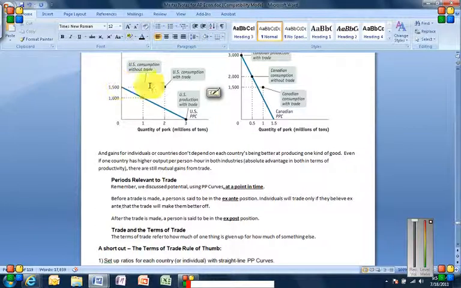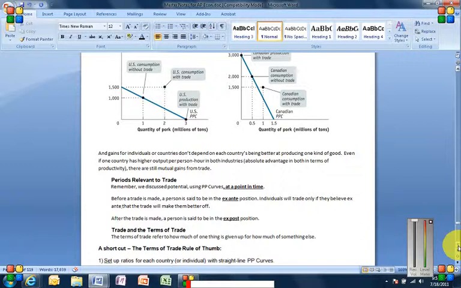What about 1,500 for a quantity of 2 million tons of pork? Will they end up being better off or not? And you kind of see where they could have been if they had not specialized and traded, if they had just remained somewhere along this PP curve, each one of them, and you compare those numbers to the proposed trade, and that's your style of trying to figure out whether it's acceptable terms of trade for both countries.